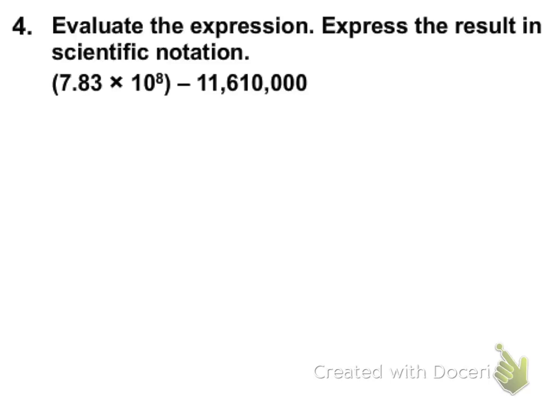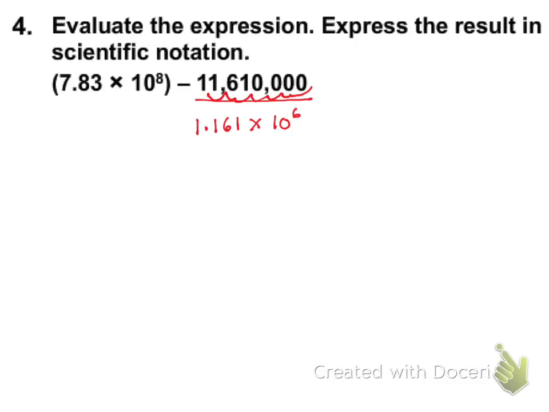Since the second piece is not in scientific notation, you've now got to move your decimal over once, twice, 3 times, 4 times, 5 times, 6 times, 7 times. So it's 1.161 times 10 to the sixth power.